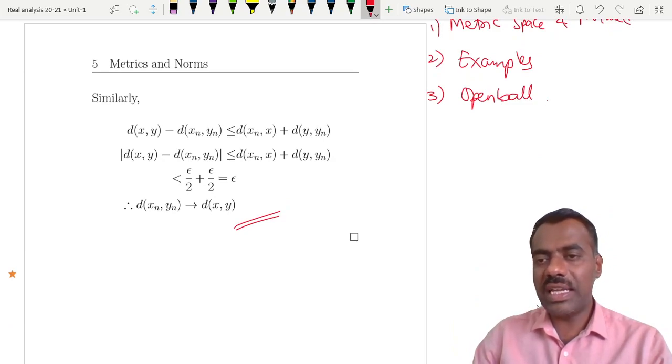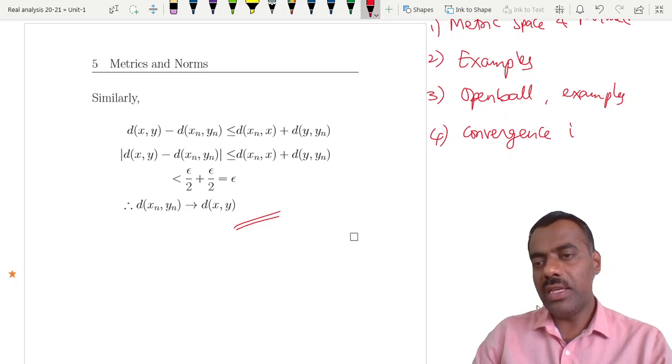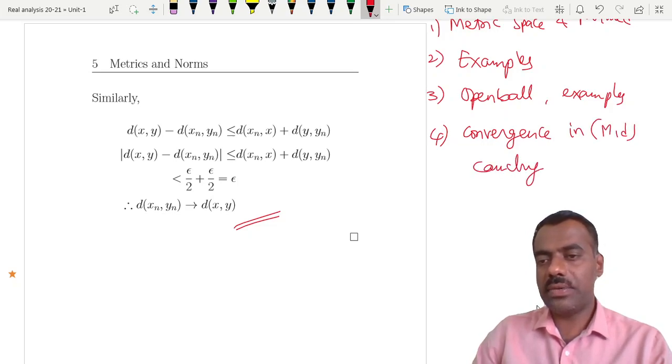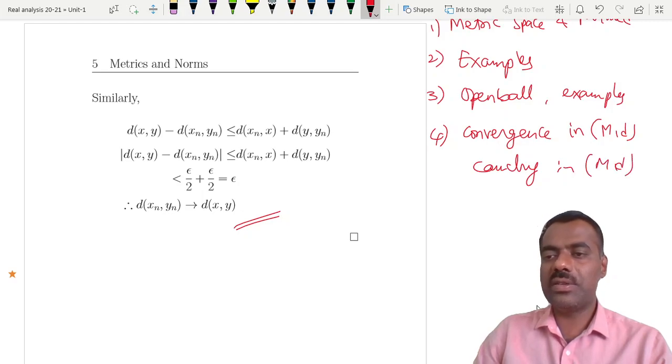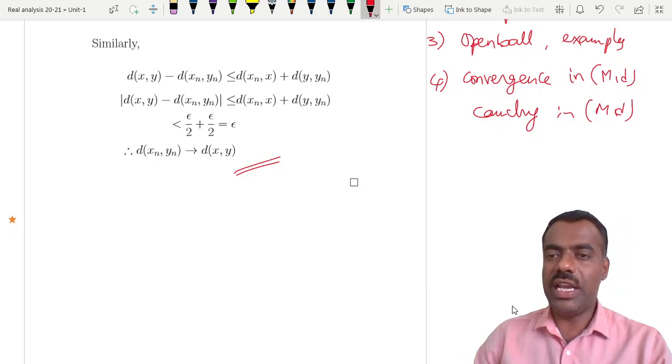And then we have again seen several examples of open balls. Then we have seen what is meant by convergence in a metric space and what is meant by Cauchy in that metric space. And what is the relation between convergent and Cauchy in a metric space.